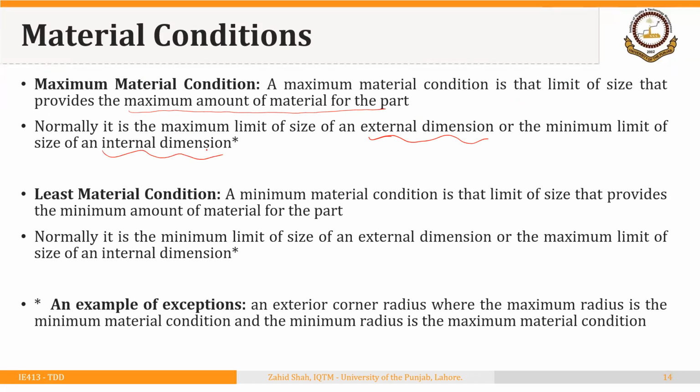Least material condition is that limit of the size that provides the minimum amount of material for the part. So normally it is the minimum limit of size for an external dimension and maximum limit of size for an internal dimension. And there is an exception: an exterior corner radius, where the maximum radius is the minimum material condition and minimum radius is the maximum material condition.